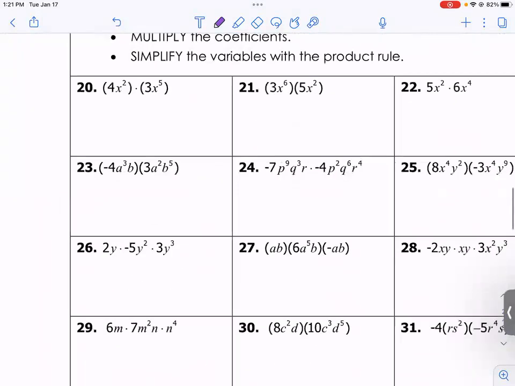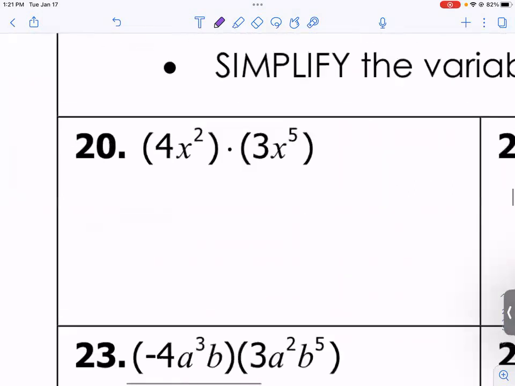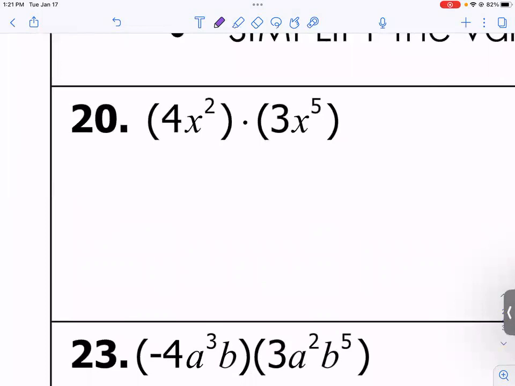Well, now let's look what happens when we have coefficients. Let's zoom in just to number 20. Let's focus on the coefficients. Do you see how this is multiplication? Tough question here, Nirvan. What's 4 times 3? 12. So we can take 4 times 3 to get 12.